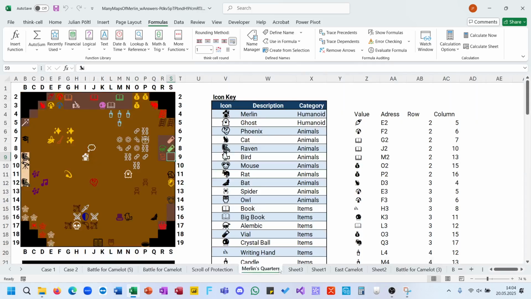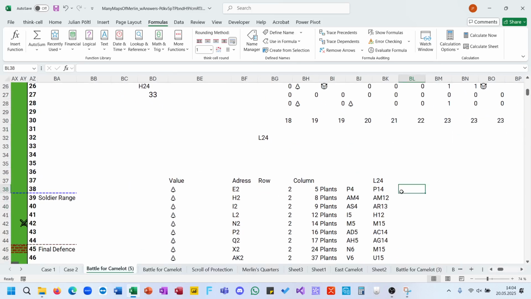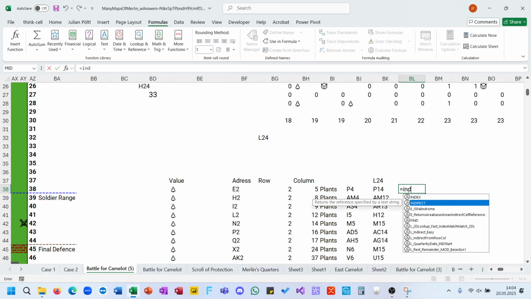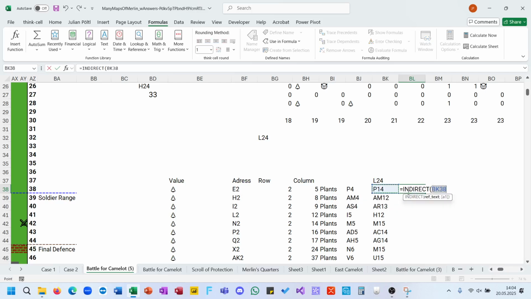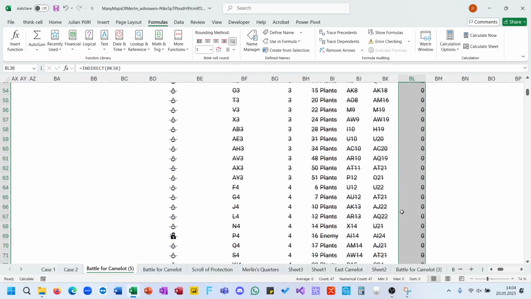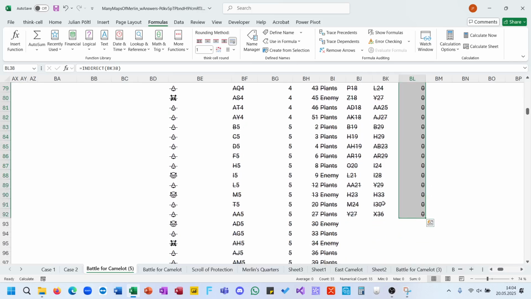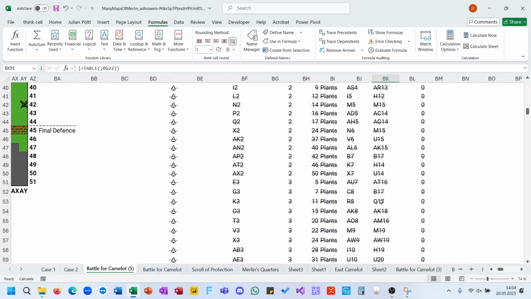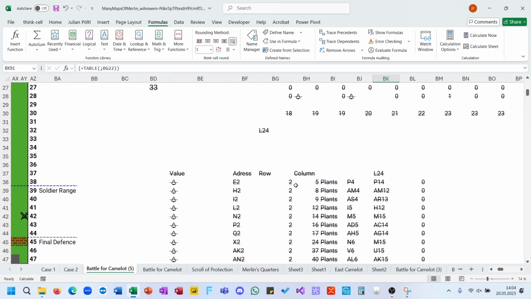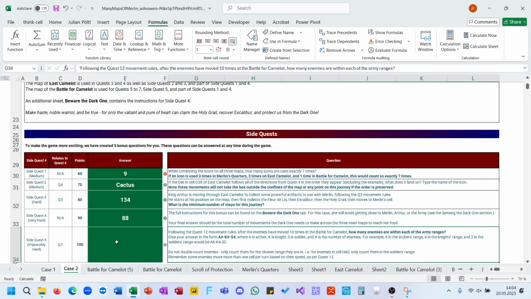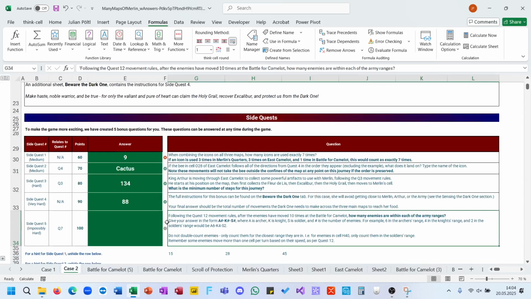So what I would normally do here is an indirect. But I can't see a single archery.